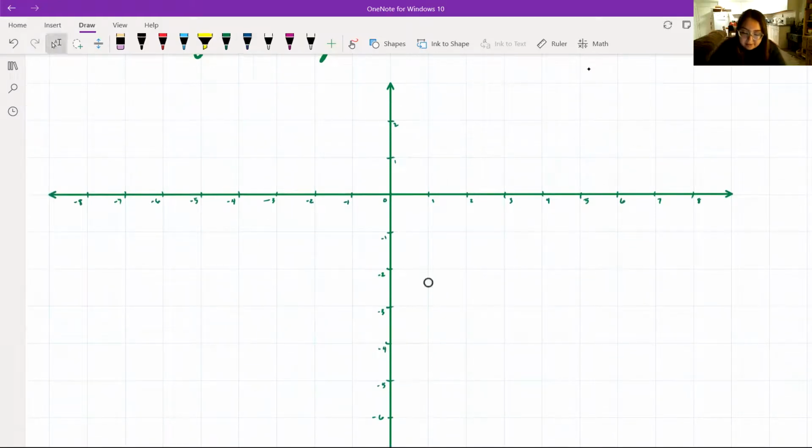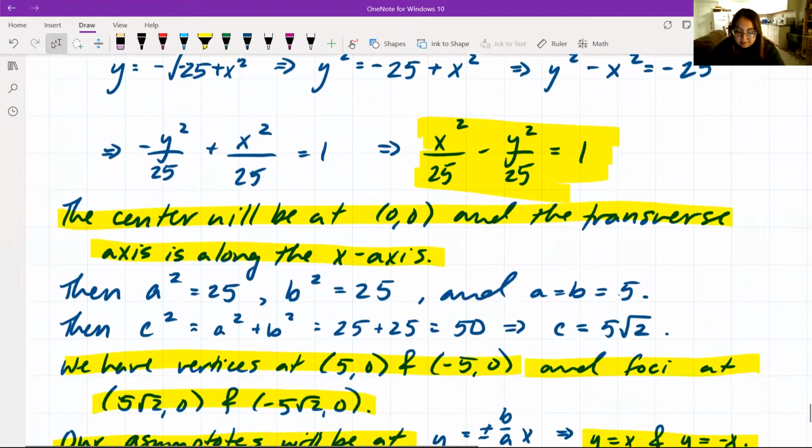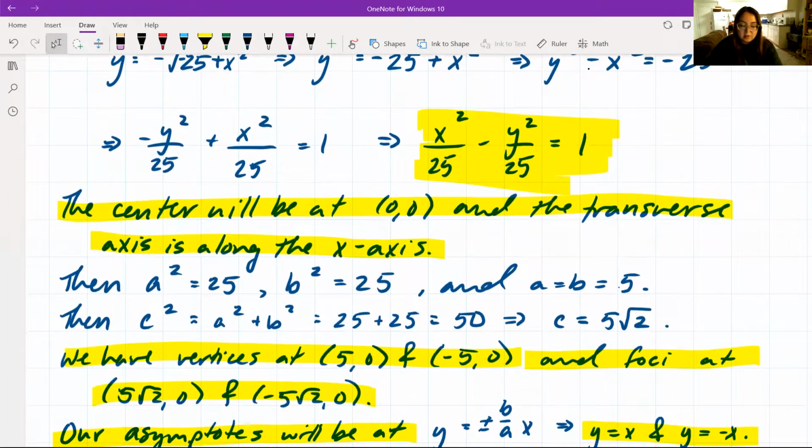So going to our graph here, we need to find our center at (0, 0). Our vertices are going to be at (-5, 0) and (5, 0). So this will be V1, V2. Our foci are defined at 5 times the square root of 2 and -5 times the square root of 2.